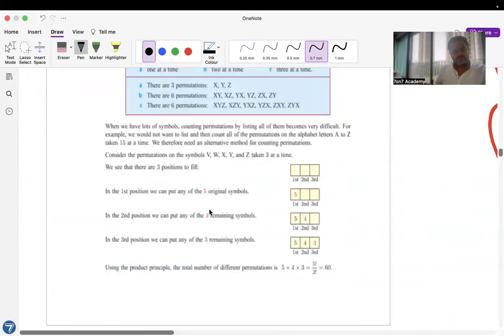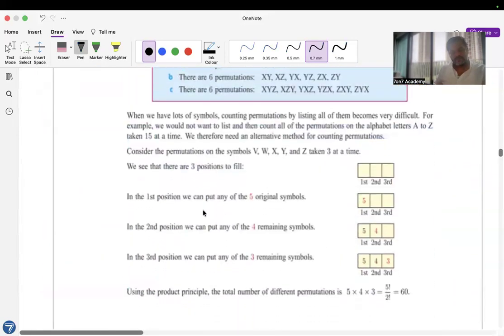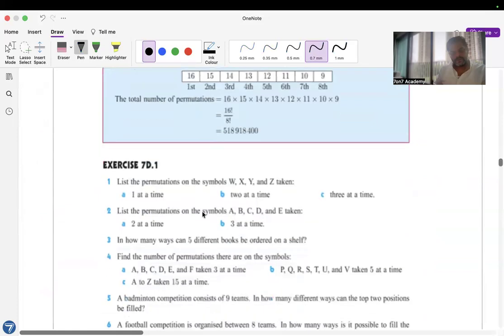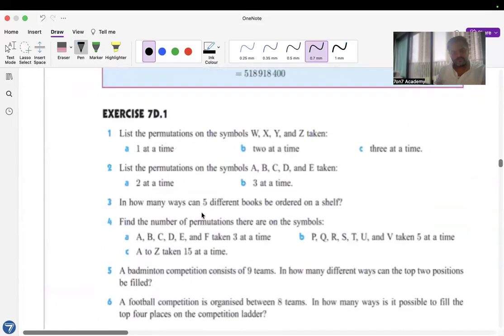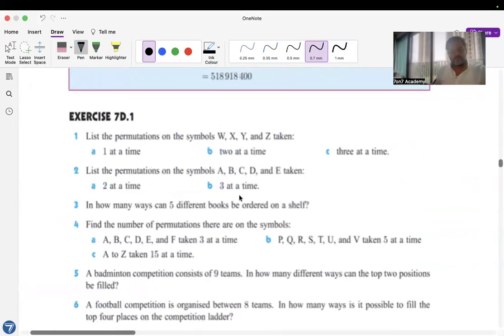So can we try a few questions from this? Just like this, first question: list the permutations of the symbols. Permutation means the arrangement. If you are selecting one or arranging one, it means only selections.